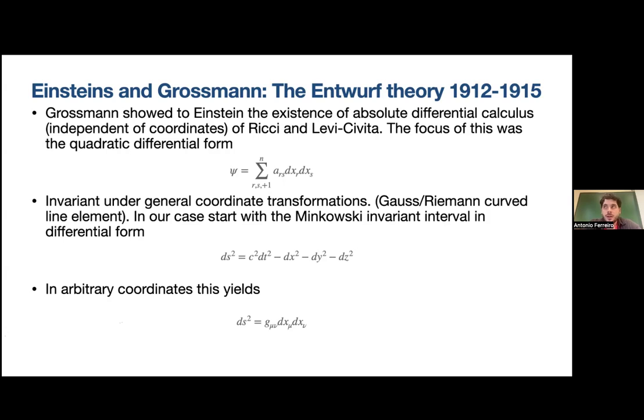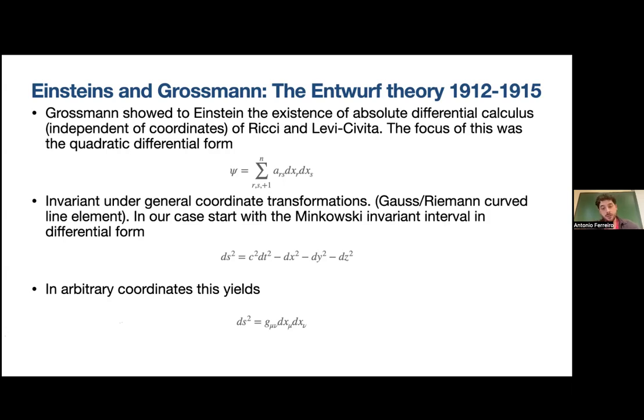Now, one careful thing, and I will highlight this also later, is that Ricci and Levi-Civita really proposed their theory without thinking of the geometrical interpretations that this could have. Today we see this as a line element of a curved space-time, and we have all these completely rigorous notions of parallel transport and so on. But at that time, neither Einstein nor even the founders, Ricci and Levi-Civita, really thought about any geometrical interpretation of space-time.